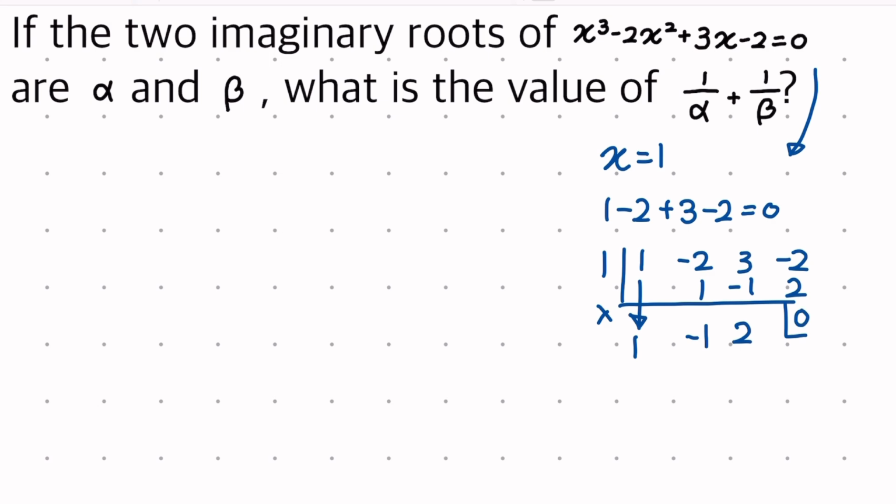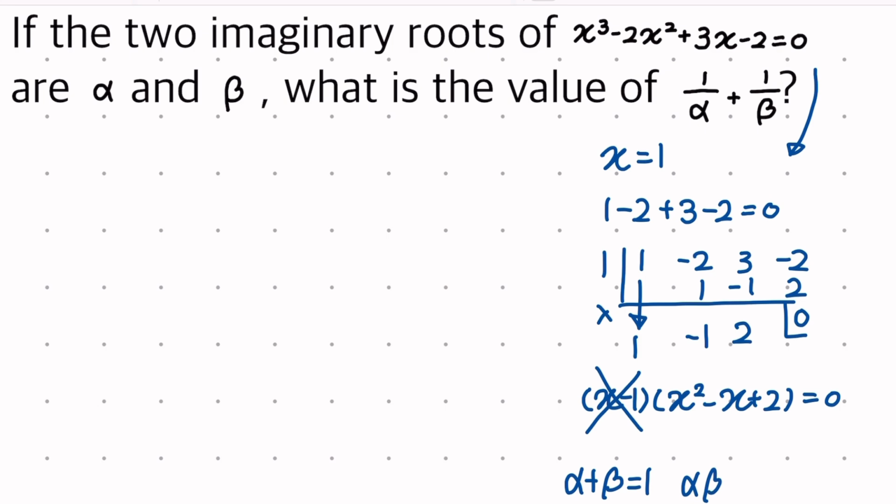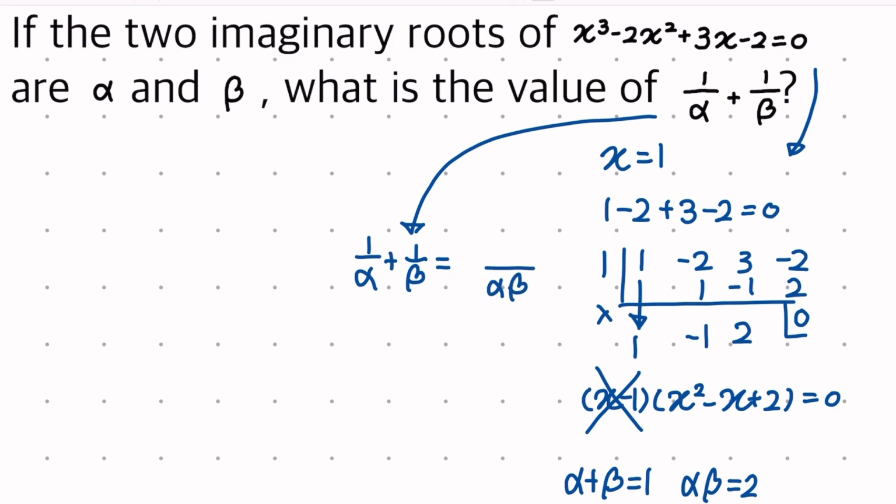We can rewrite this as this equation. Since we want to find the value of two imaginary roots, we don't want to look at x minus 1. And according to Vieta's theorem, alpha plus beta equals 1, and alpha beta equals 2. And 1 over alpha plus 1 over beta can be also written as alpha plus beta over alpha beta.